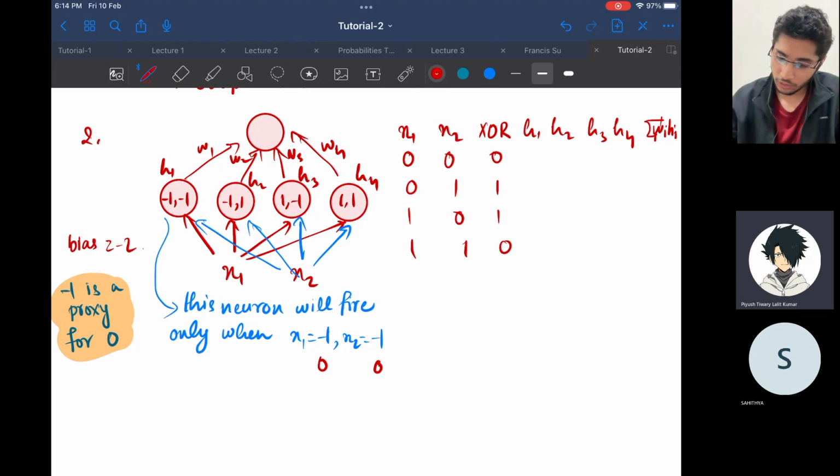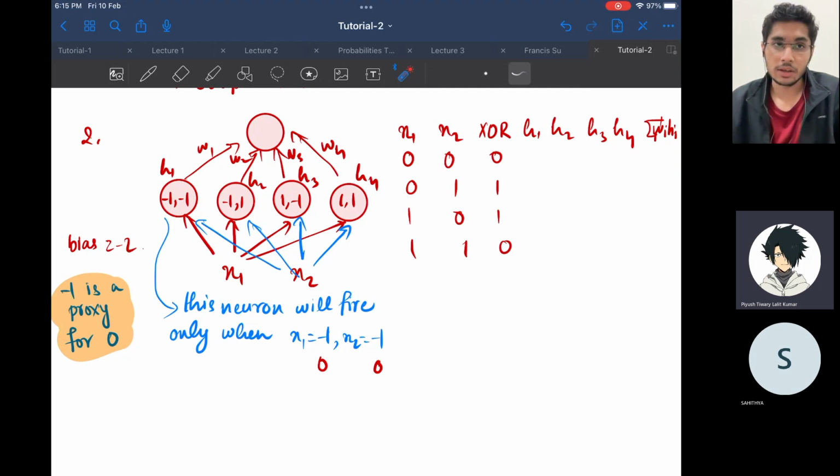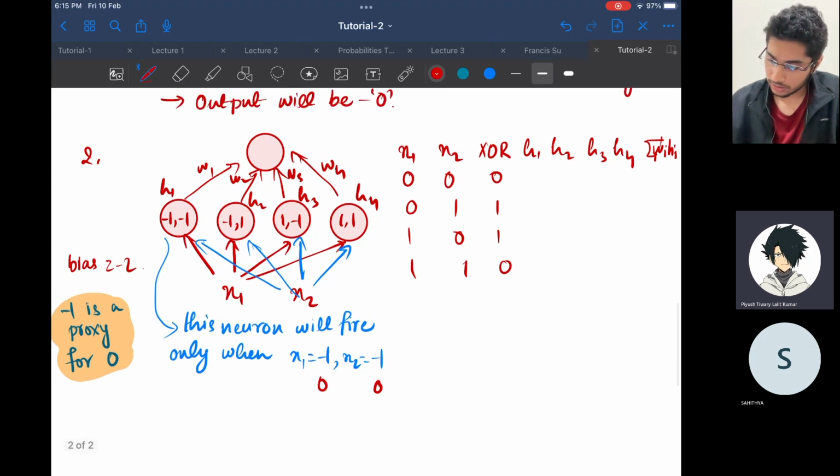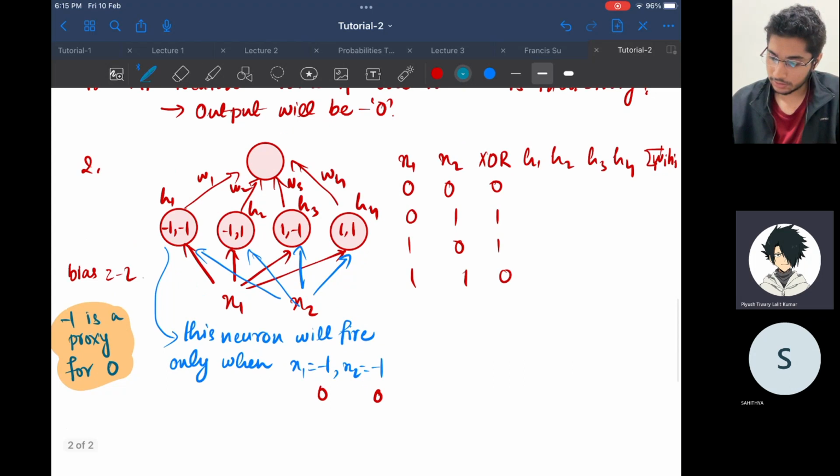Similarly, what does -1, 1 imply for h2? It implies that the h2 neuron will fire only when x1 is -1 and x2 is 1, or in our convention when x1 is 0 and x2 is +1. That is all it means. So let us write down the values.